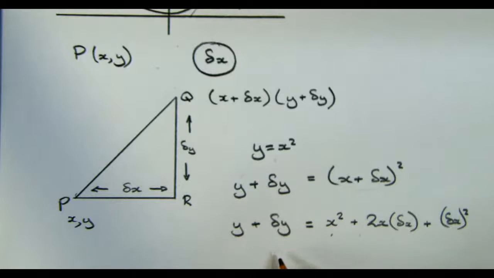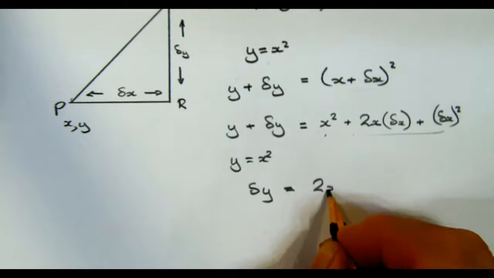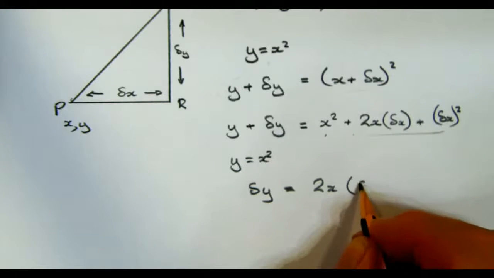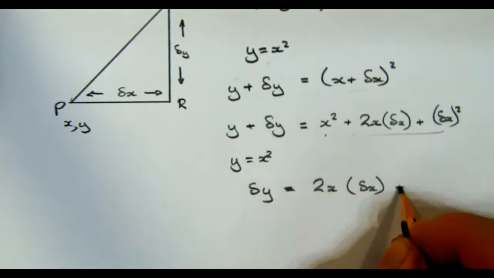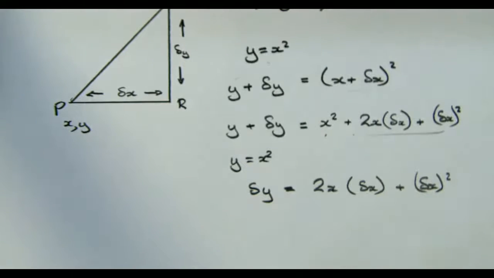So if we know that y equals x squared, then delta y must be equal to all the rest, so delta y is going to equal 2x delta x plus delta x all squared.